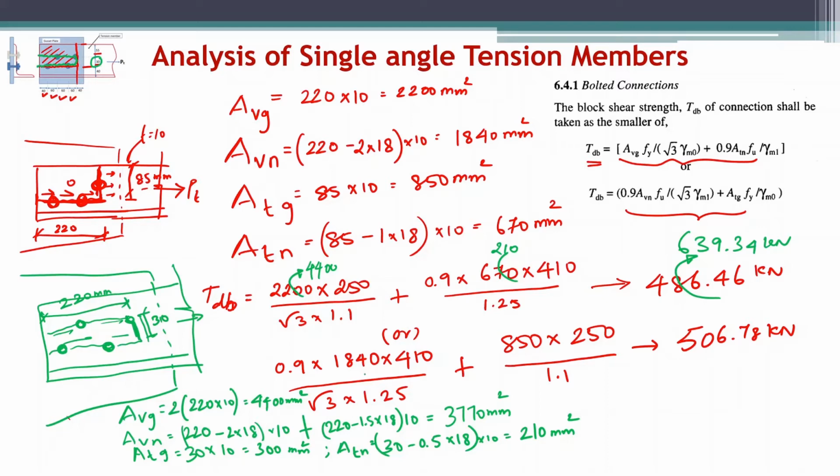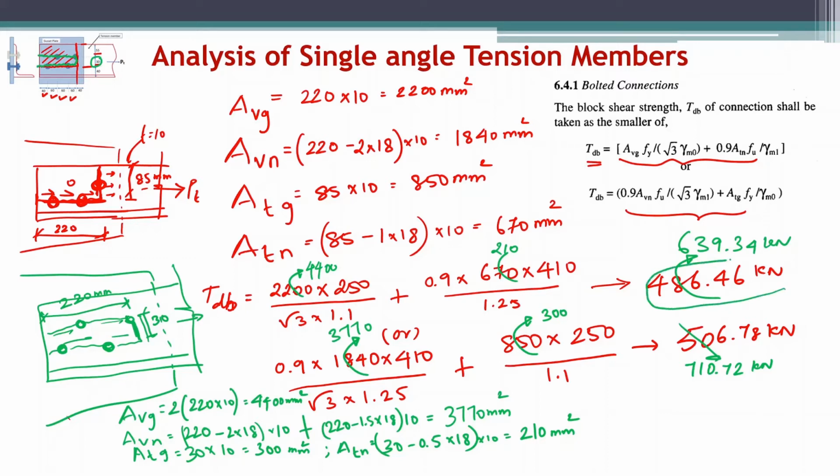Then here, instead of 1840, it is 3770 mm square, and instead of 850 here it's 300. The value we are getting here is 710.72 kilonewton. So whichever is least among the four is the block shear strength of the given tension member.